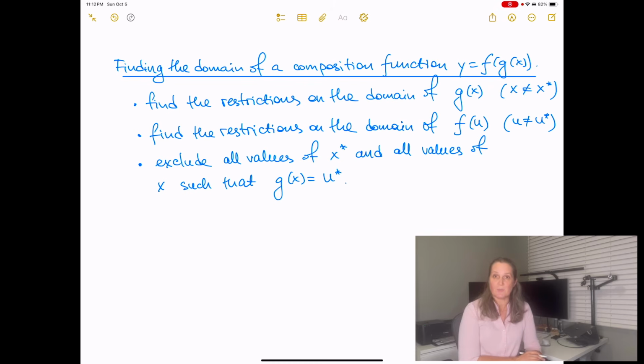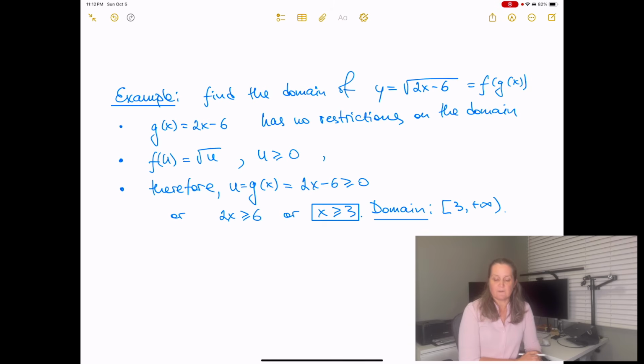Let's take a look at an example. Let's say we want to identify the domain of the function square root of 2x minus 6. The outer function is the square root, and the inner function is 2x minus 6. Let's start with the inner function. g of x equals 2x minus 6 has no restrictions on the domain. It's a polynomial of degree 1, which has no restrictions. The outer function f of u is an irrational function with n equal to 2, which has restrictions.